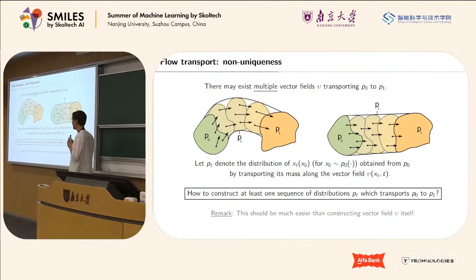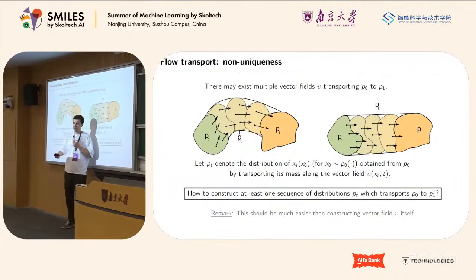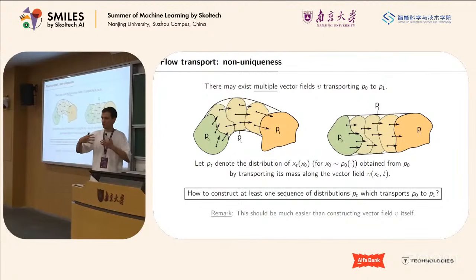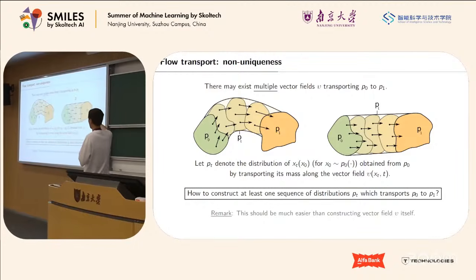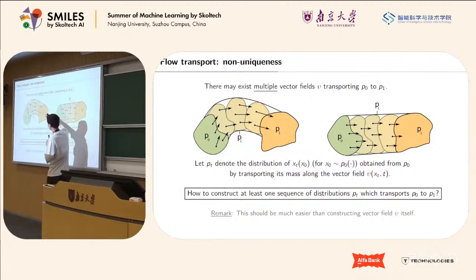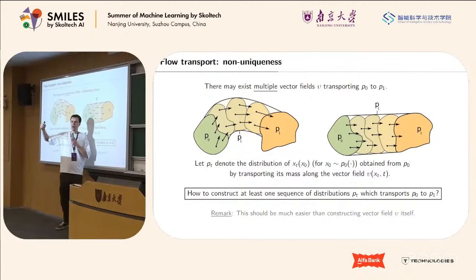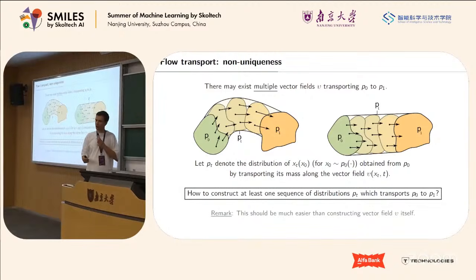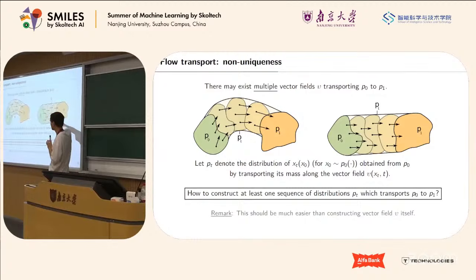Roughly speaking, each vector field defines some sequence of probability distributions showing how your probability mass moves according to this vector field. And the question is which one to choose. Should we choose this vector field and this sequence of probability distributions to do data generation, or should we choose this sequence? A short story is that ideally we would like to choose a sequence of this type.